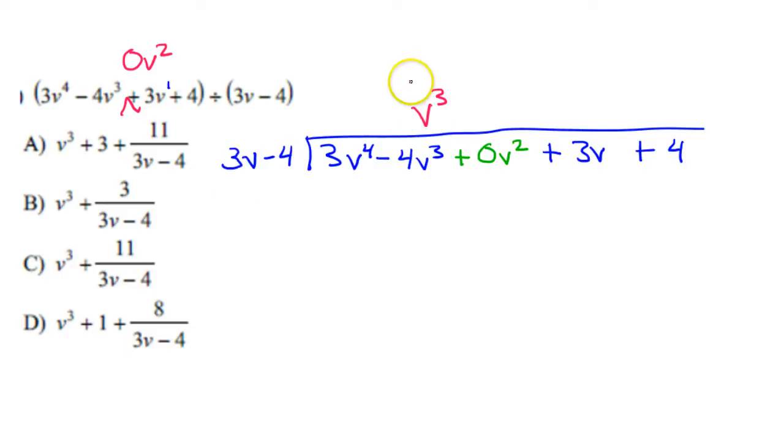Once you have this answer, go ahead and do the distributive property with it. So v to the 3rd power times 3v, of course, is going to give me 3v to the 4th power as I wanted. Now, v to the 3rd power times negative 4 is going to give me negative 4v to the 3rd power. Interesting.